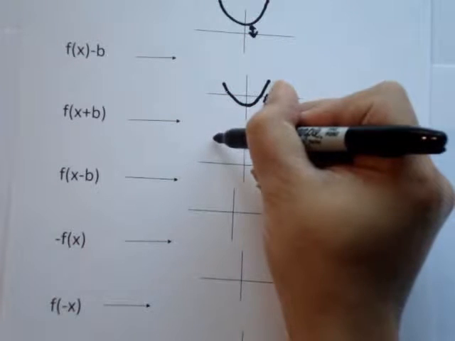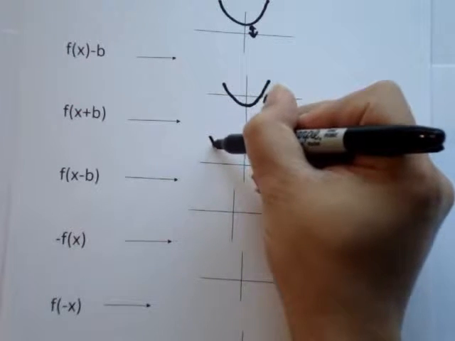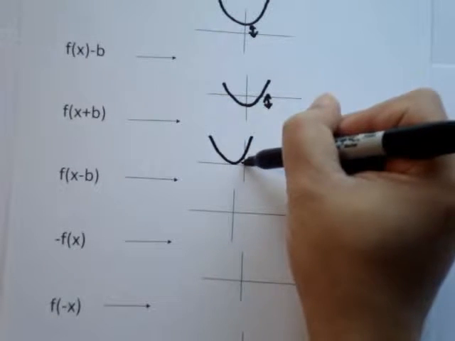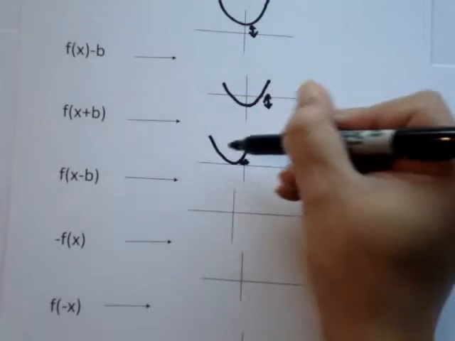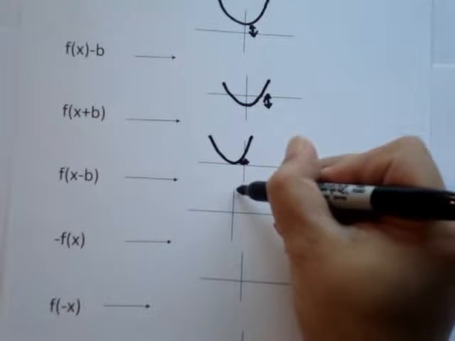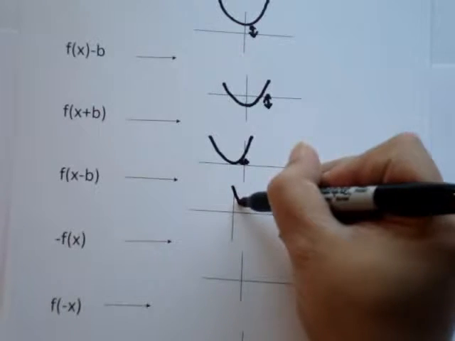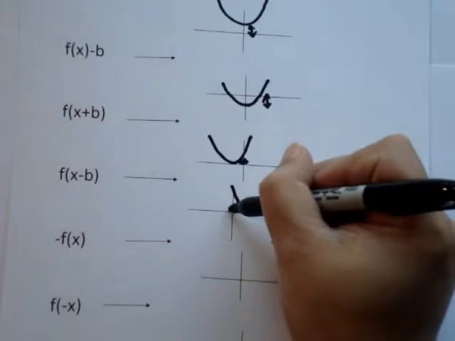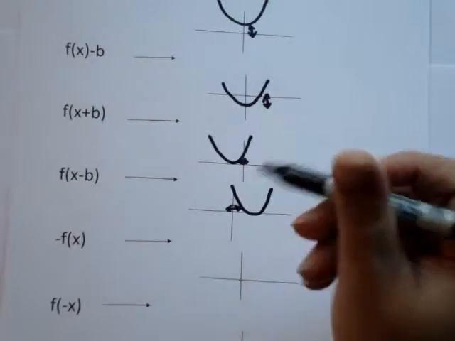So our graph would go like this, and this shift here is our b units, shifted to the left. With minus b, it's shifted to the right by b units.